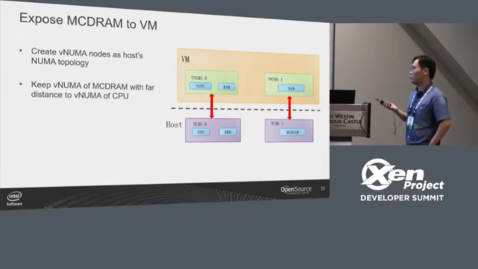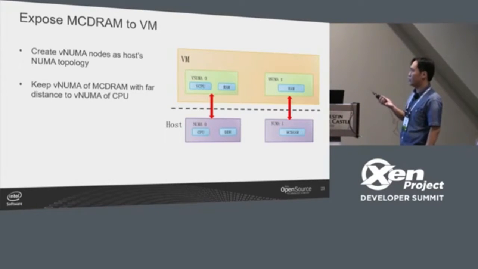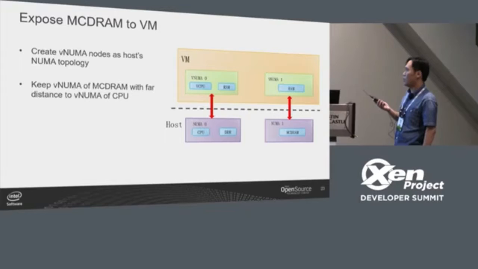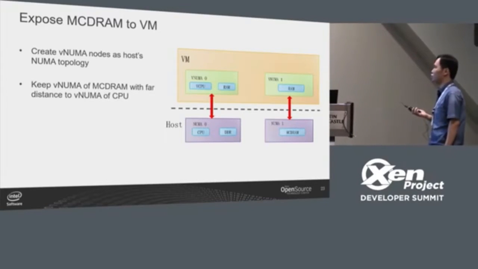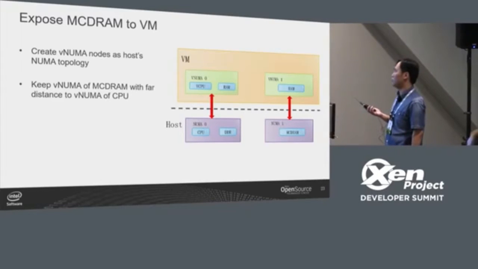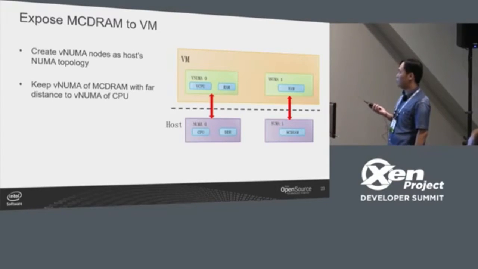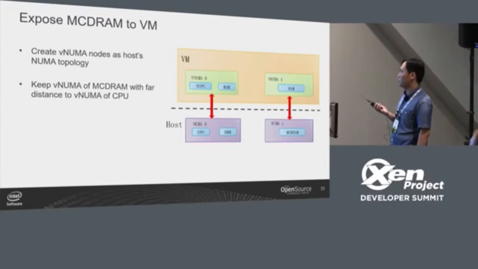The second one is the MCDRAM. We need to expose the high bandwidth memory to the VM. We should create virtual NUMA nodes matching the host NUMA topologies. One is for the virtual CPU and the DDR memory. The other one is for the MCDRAM.